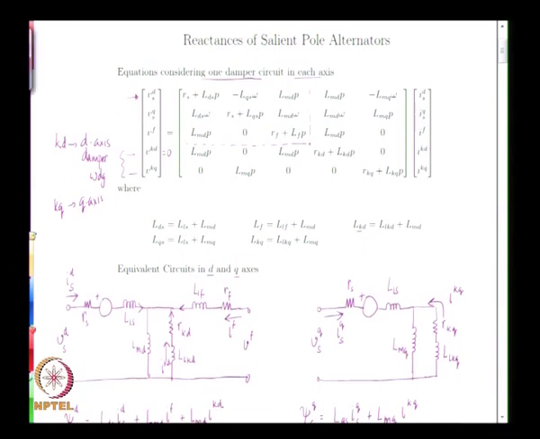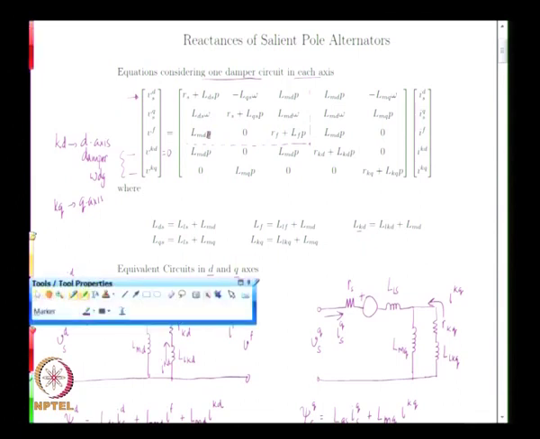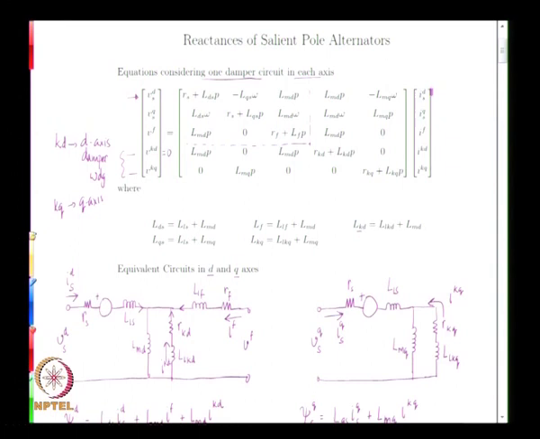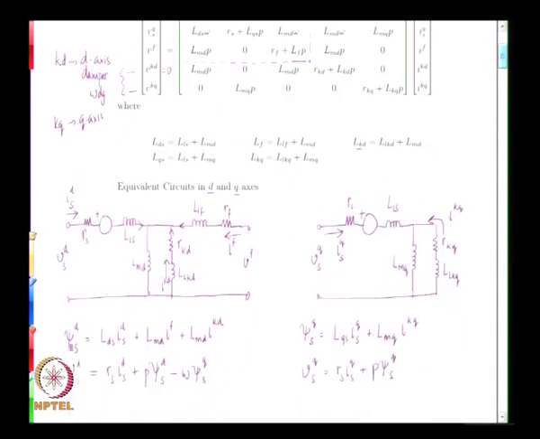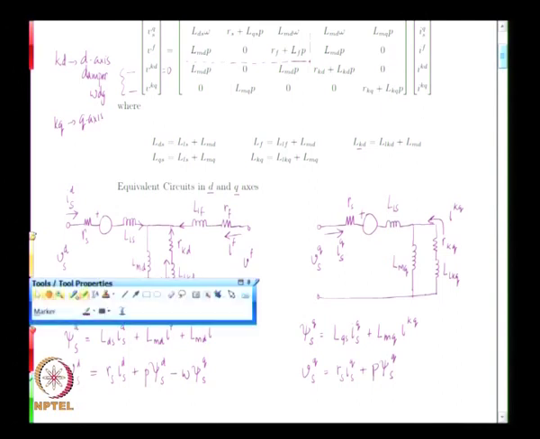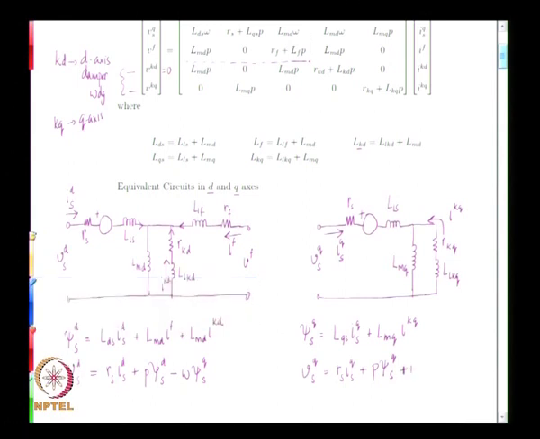Speed EMF terms one can see boils down to LDS IDS, LMD IF, LMD IKD, that is exactly what is there in the flux linkage term. All those are multiplied by speed, and therefore, what we can write is plus omega times psi ds.